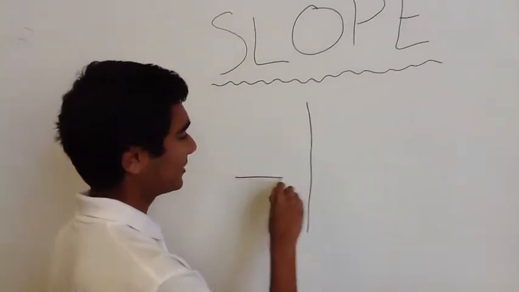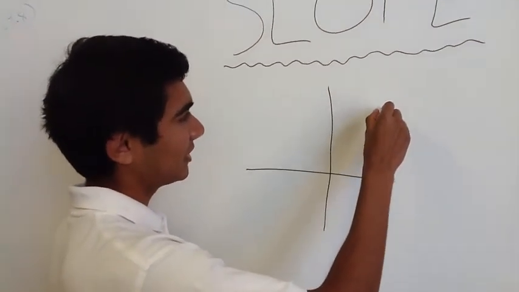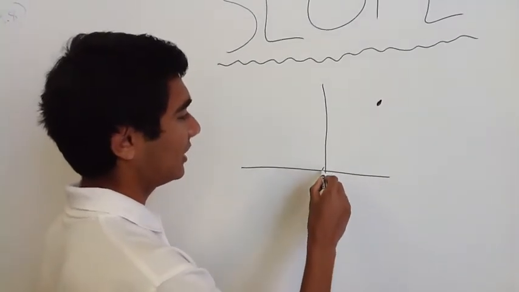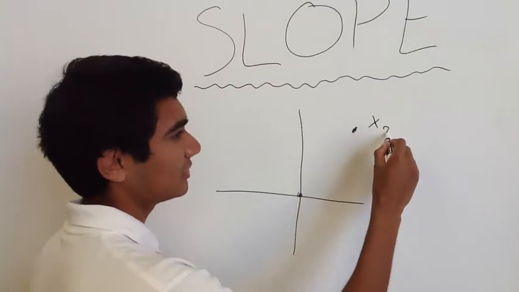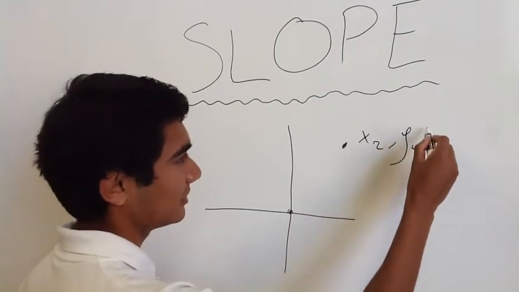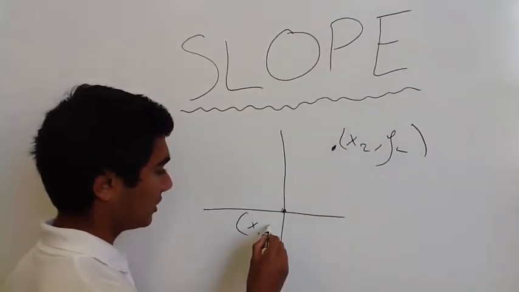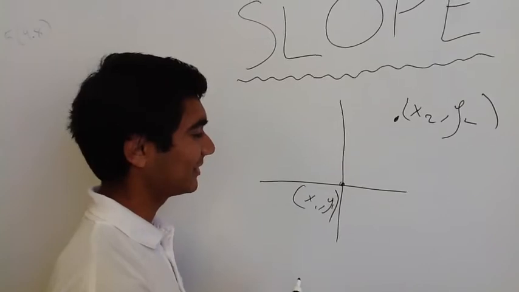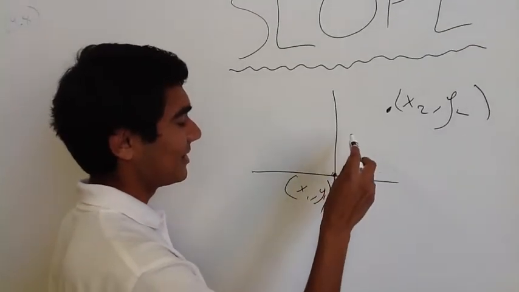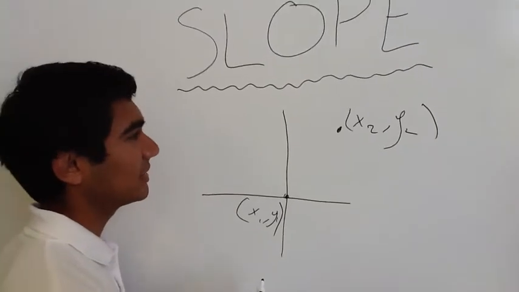So, on this coordinate axis, we have a point here and a point here. Assuming that this point is x2, y2, and this point is x1, y1. To find the slope, we take the change in the y over the change in the x.